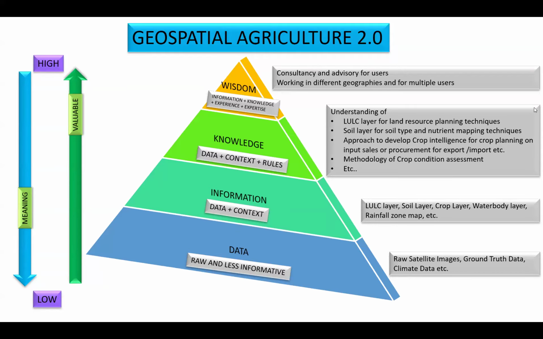They do this because they have the data, the information, and the knowledge with them, so they are providing the advice. This becomes very easy, because going there every time and doing the study on the spot and then providing the advisory would be time-consuming.